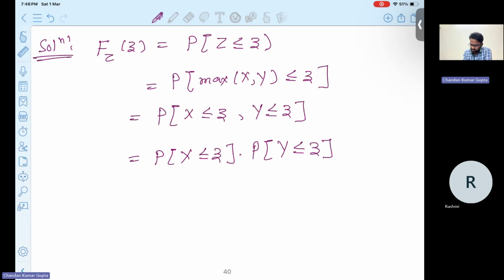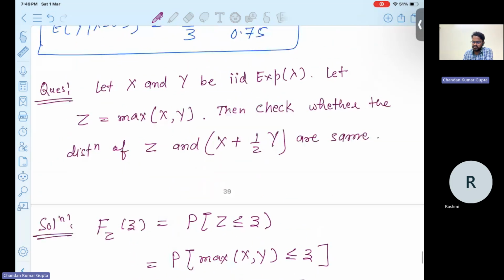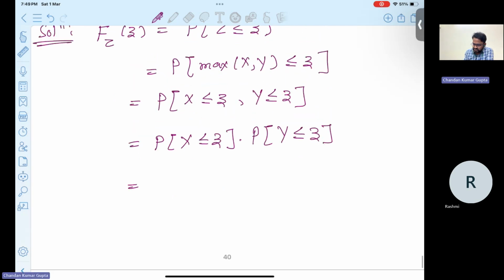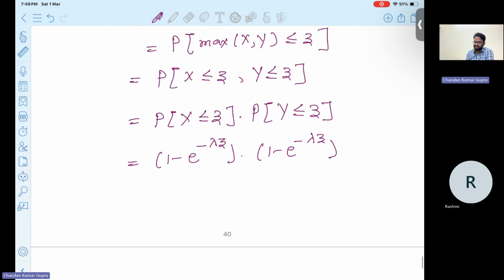And then, X and Y both follow exponential lambda. So this is actually 1 minus e to the power minus lambda z, times 1 minus e to the power minus lambda z, because the CDF of exponential lambda is this, and both are identical as well.